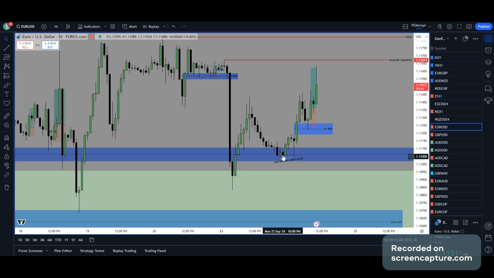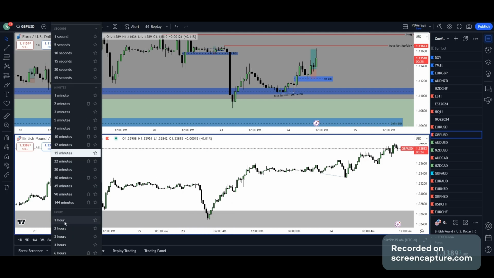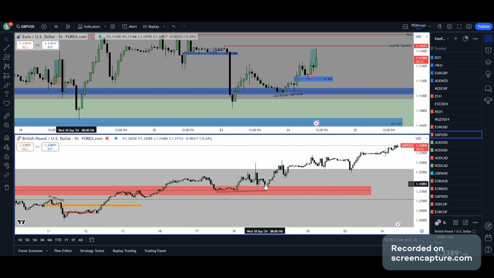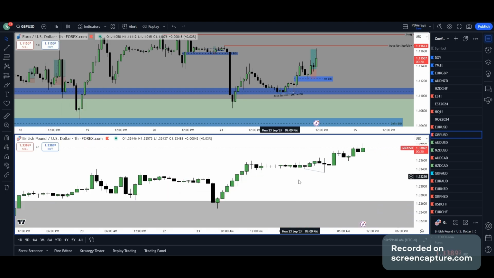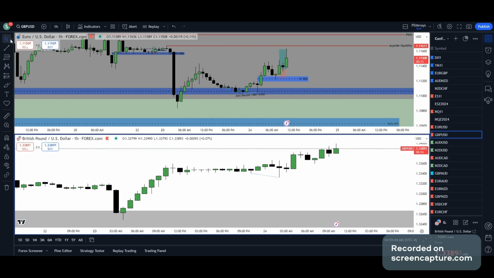We can see where Asia last night created a low right here at 10 o'clock. Then on Euro, this low was kept intact. It didn't get swept. However, if I pull up GU, or pound dollar, let's zoom into what's most relevant.